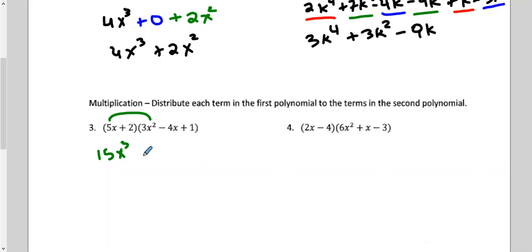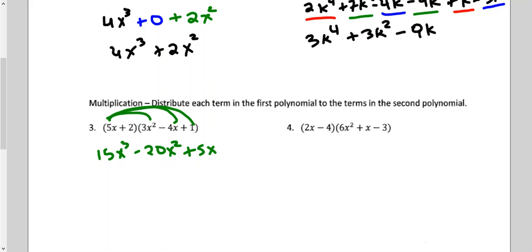So 5x times 3x squared is 15x cubed. And then we're going to do 5x times negative 4x. So 5 times negative 4 is negative 20, and then you have x squared. And then 5x times 1 is 5x. Okay, so that's when I did the 5x.